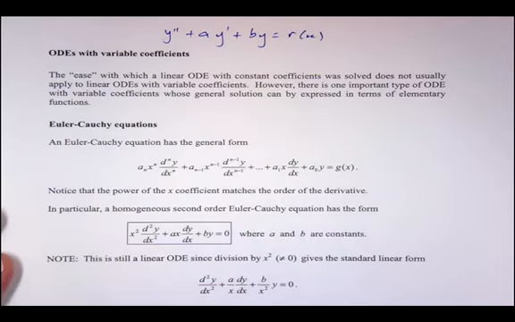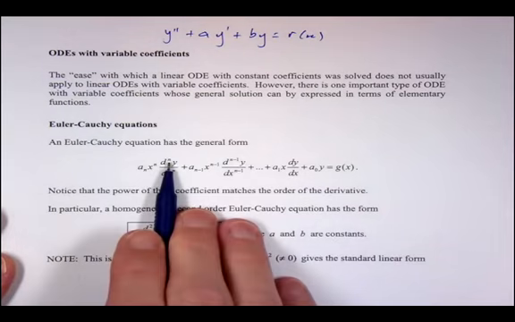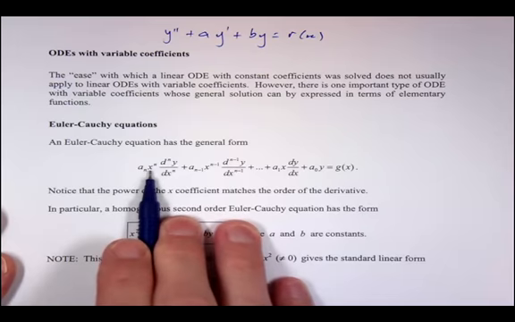Now, it looks a little bit technical there, but whatever n is, if n was 10, then you'd have a power of x to the 10 multiplying the highest derivative.